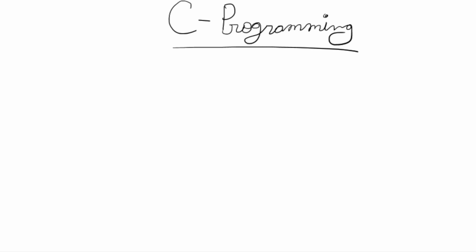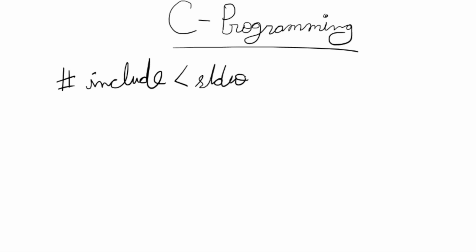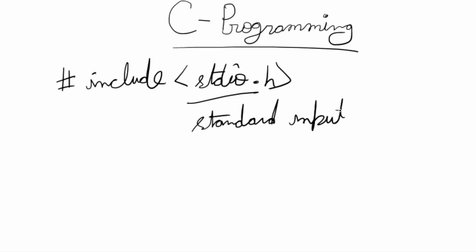So first one is your include stdio.h. This is your standard input output library function.